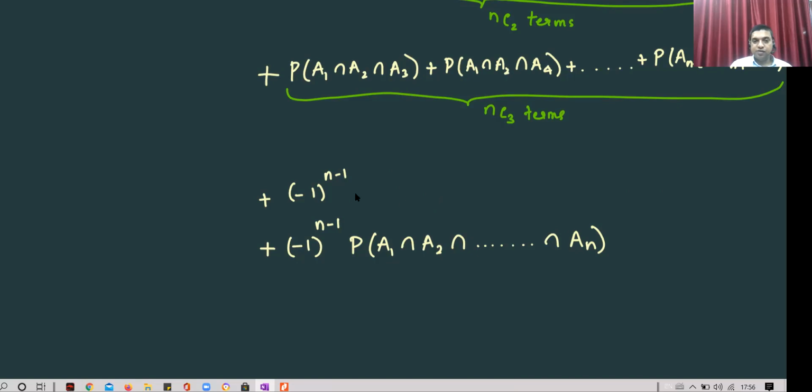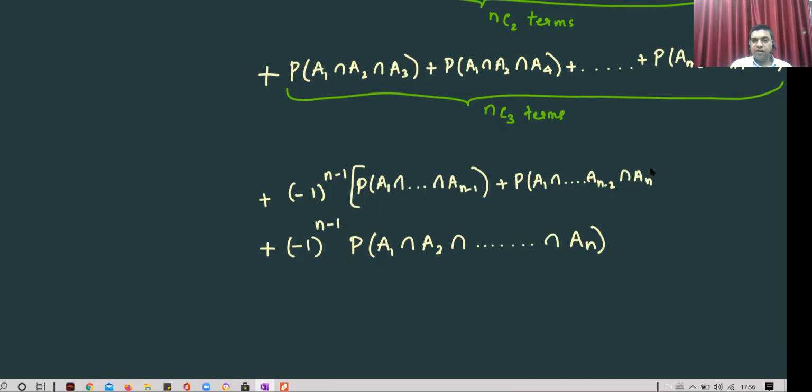You will have n terms in the second last step: A1 to A n minus 1, plus A1 to A n minus 2 intersection A n.